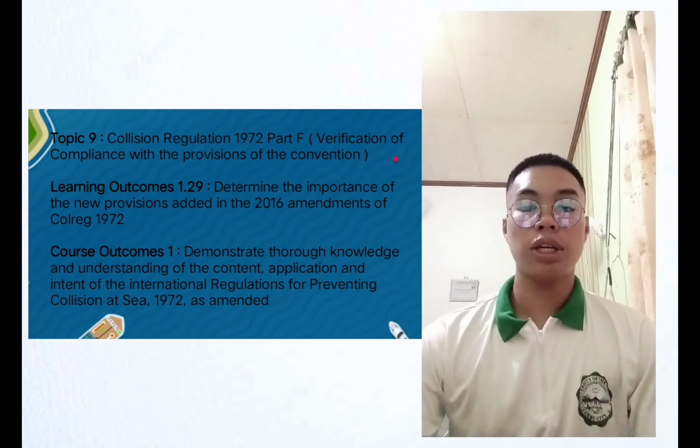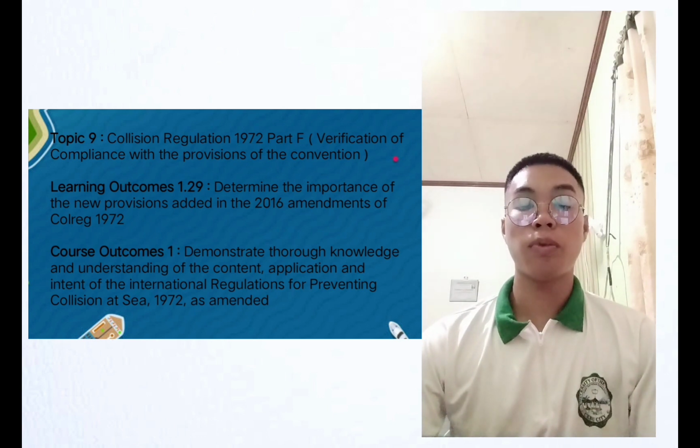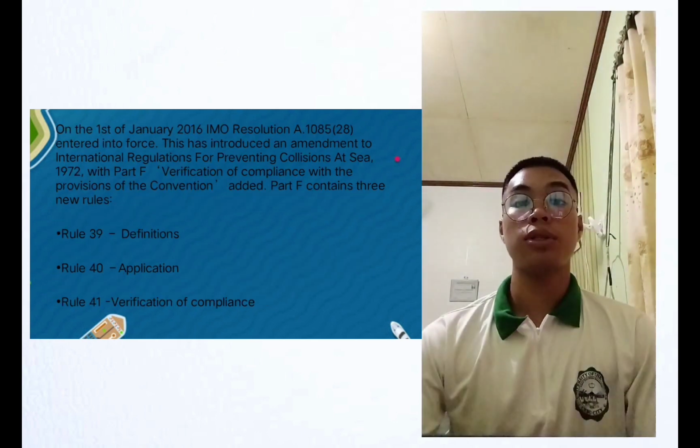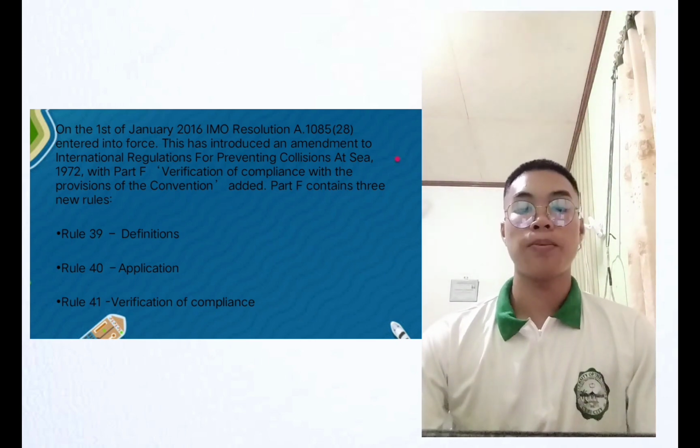Demonstrate thorough knowledge and understanding of the content, application, and intent of the International Regulation for Preventing Collision at Sea 1972 as amended. On the 1st of January 2016, IMO Resolution A.1085(28) entered into force.